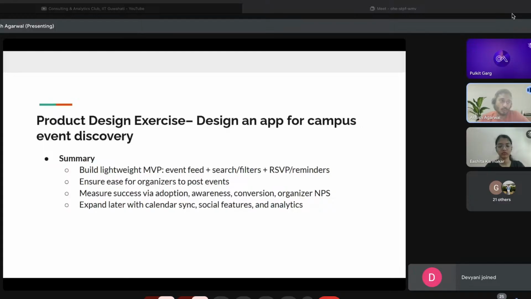So if you sit in an interview in the next 3 to 4 months at IIT Guwahati, this is one of the problems that will be asked of you in interviews, and this is how you approach it. People have called it through different frameworks. There's a CIRCLES framework that people usually use, but this is what they are all eventually doing.